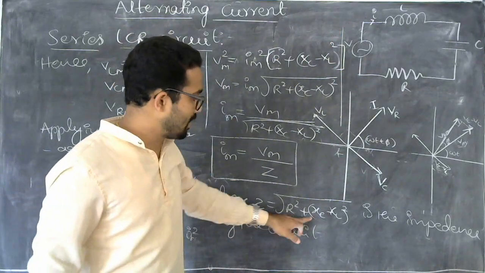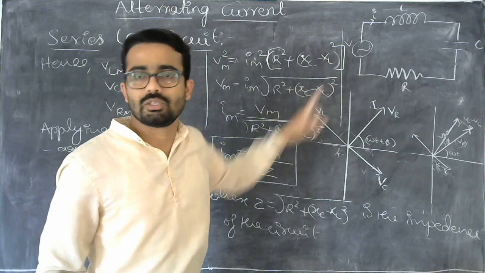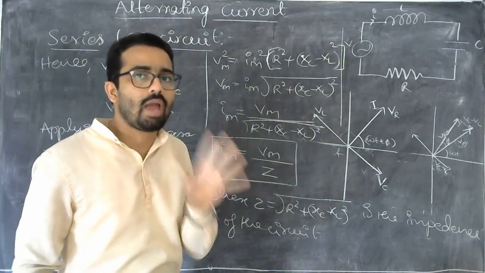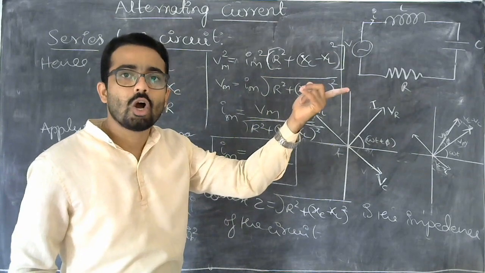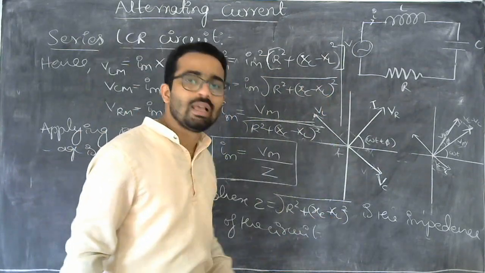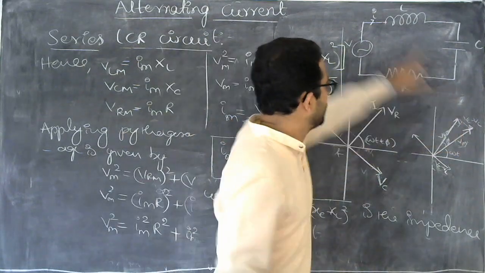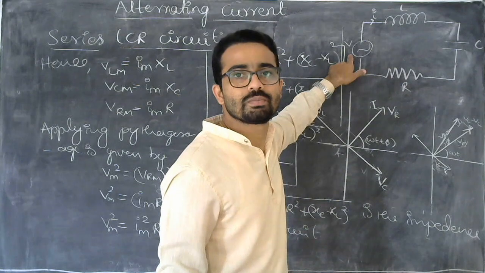So in a capacitive circuit, what happens? Current always leads the voltage. So if Xc is greater than XL, then the current leads the supply voltage.